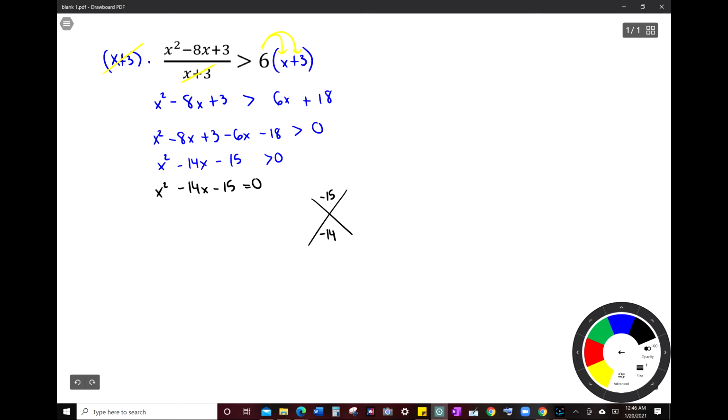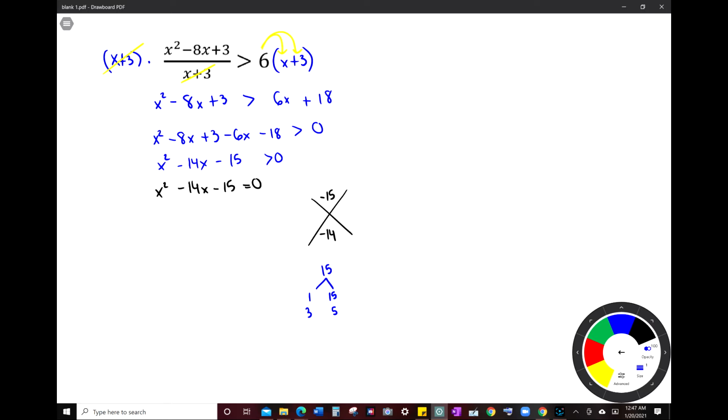The easiest way to do it is I try to list all the factors of 15. So I have 1, 15, 3, and 5. I believe that's it.